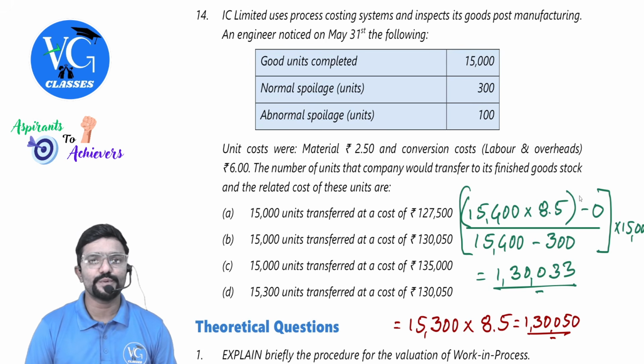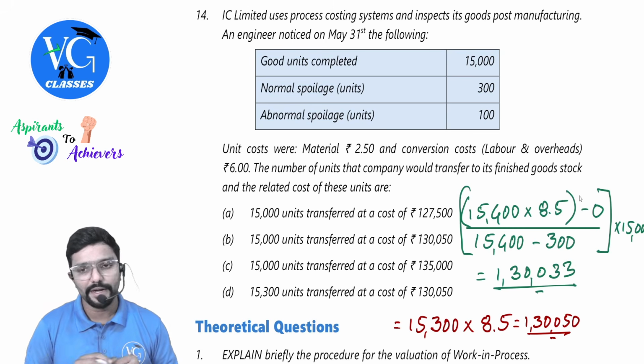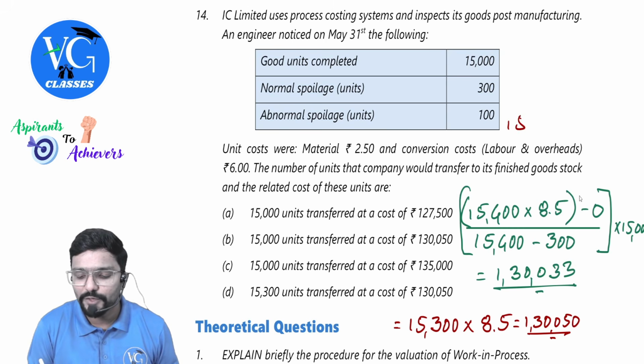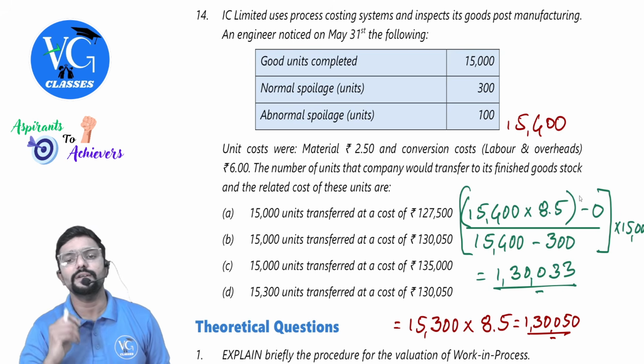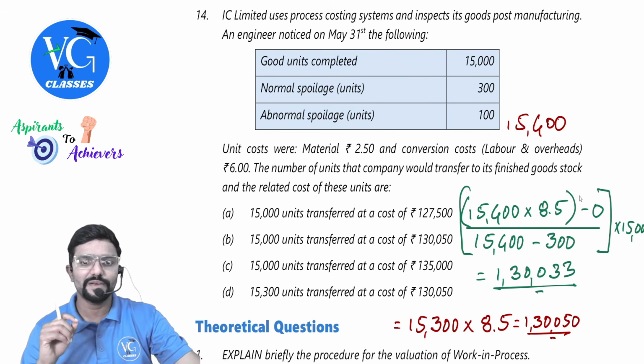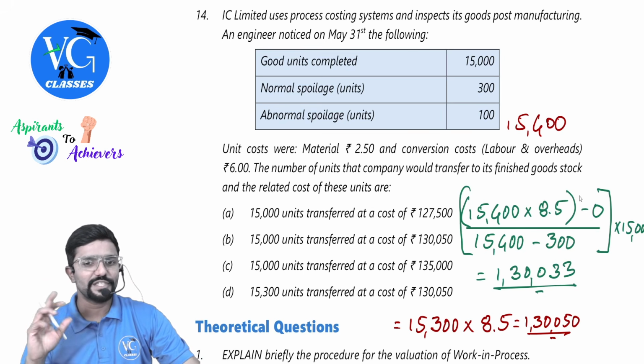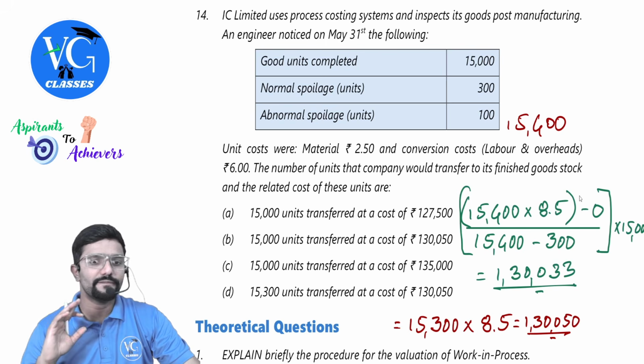IC Limited uses a process costing system and inspects its goods post manufacturing. An engineer noticed on May 31st the following: good units completed 15,000, normal spoilage 300, abnormal spoilage 100. Guys, if I ask you what is the total input, how much is that? 15,400. Unit costs were material 2.5 and conversion cost, labor and overhead, 6. So total manufacturing cost I can tell as 8.5.